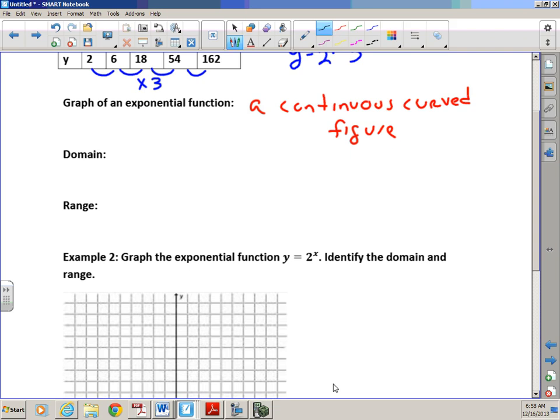In our particular case with an exponential function, unless given a specific domain, it is the set of all real numbers.